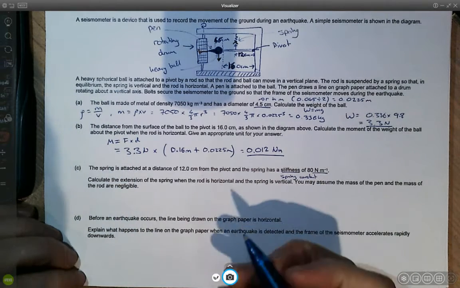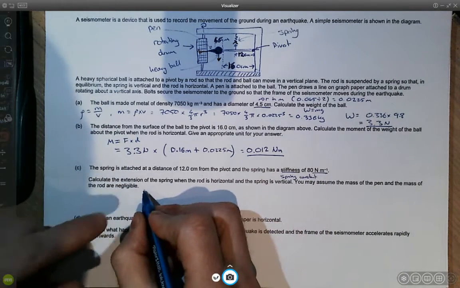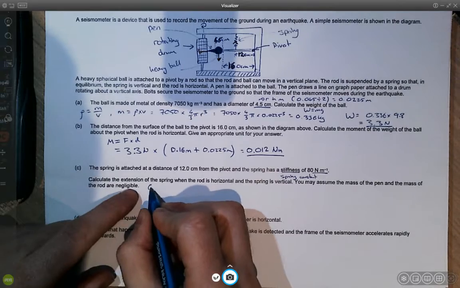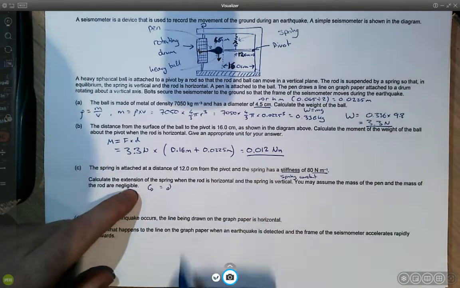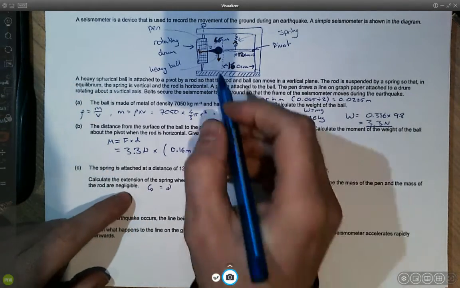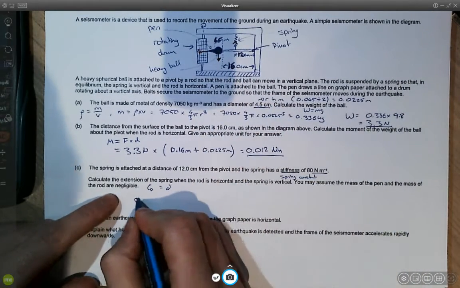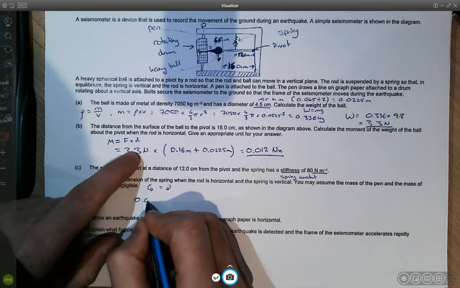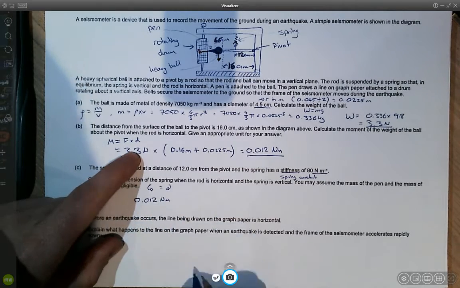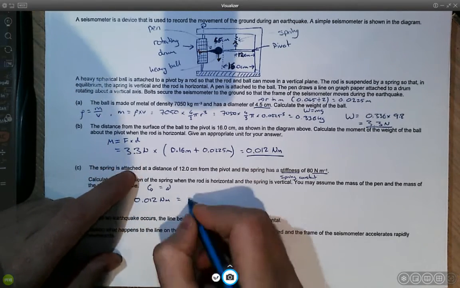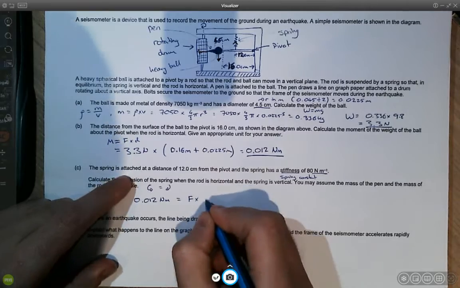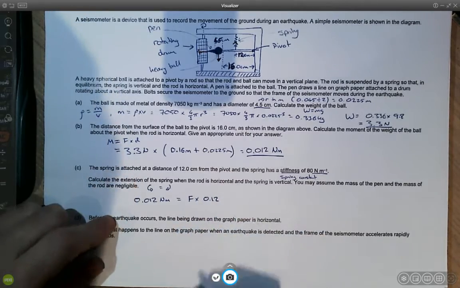So the first thing we need to do is use moments. So the anti-clockwise moments are going to equal the clockwise moments. The anti-clockwise moments we've already worked out from part B, so we don't need to write out this calculation again. We can just say it's 0.012 Newton meters, and that's going to be equal to the force from the spring times by its distance, which is 0.12 meters.